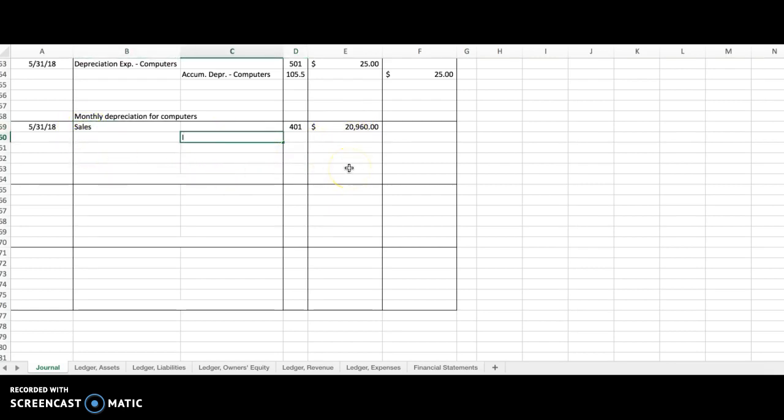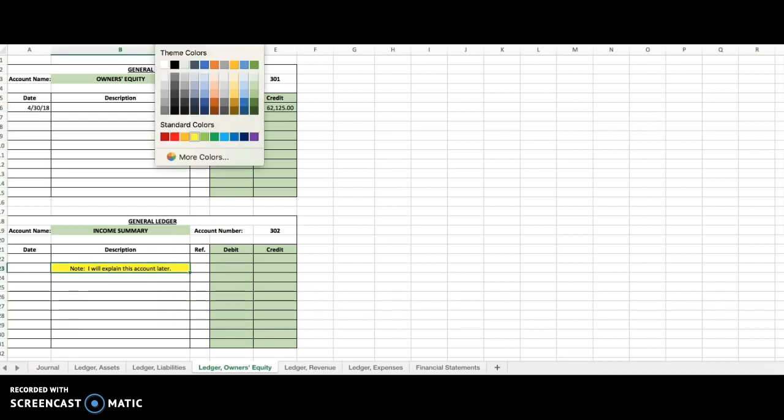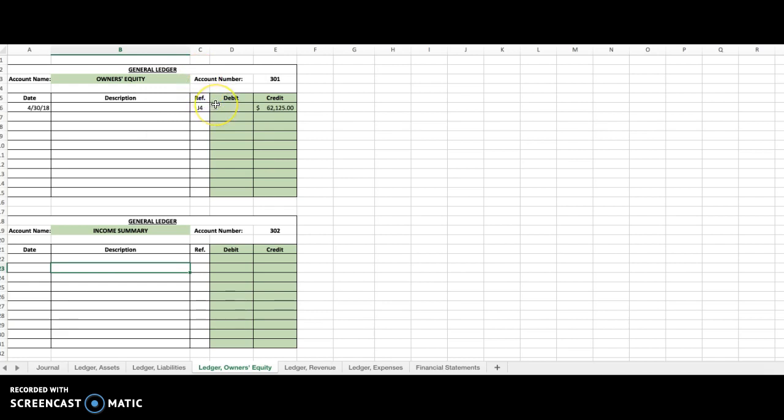Now, we will use a new account called Income Summary. That's what gets credited. This is a very temporary account used only for this purpose, income summary. We find it in this section, and I told you yesterday I would explain this later, and that's what we'll be doing right now. So we just looked at the journal, which said it had a credit of $20,960.